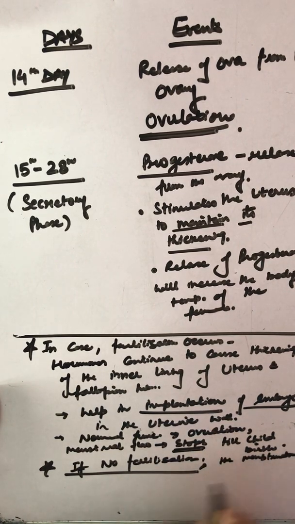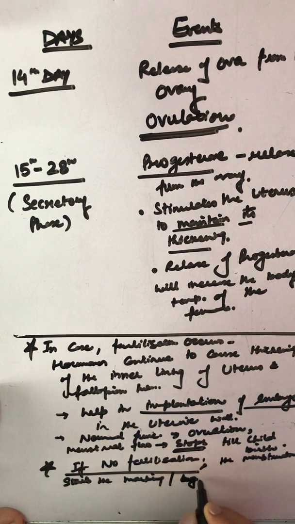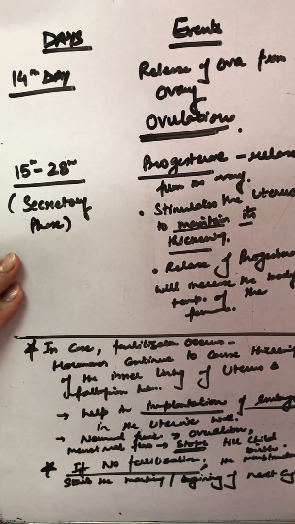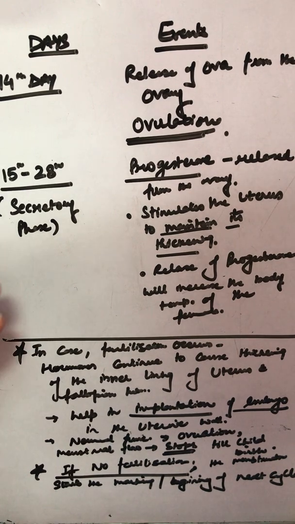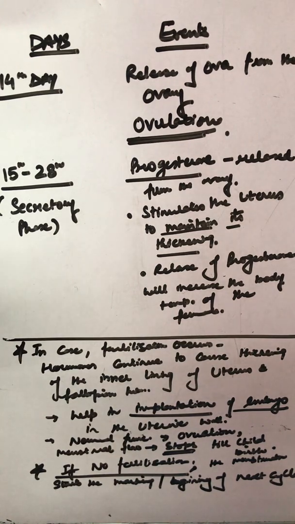Then the menstruation starts, marking the beginning of the next cycle. Clear? This is how the events are seen related to the context, what happens where and how. Clear? Moving to fertilization and post-fertilization changes.